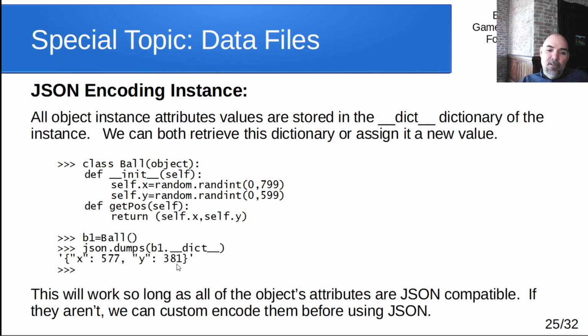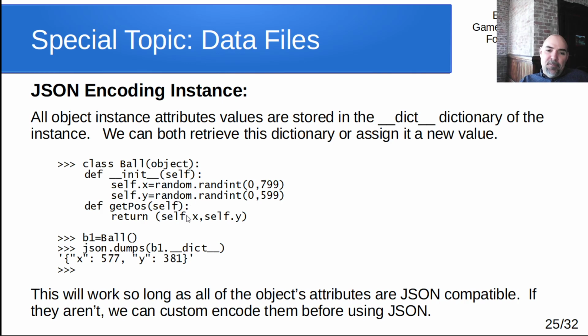And I could actually load those back up from that too, and say b1.__dict__ equal JSON.loads, and then this string, and it will overwrite the x and the y values that are there.